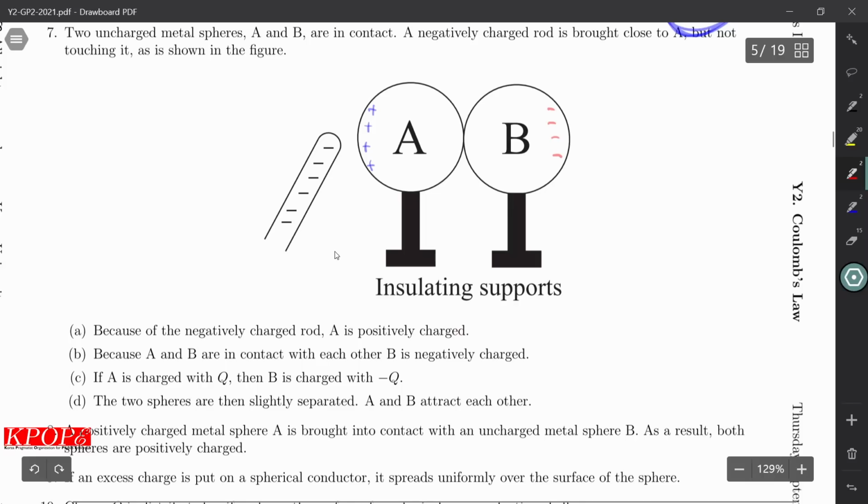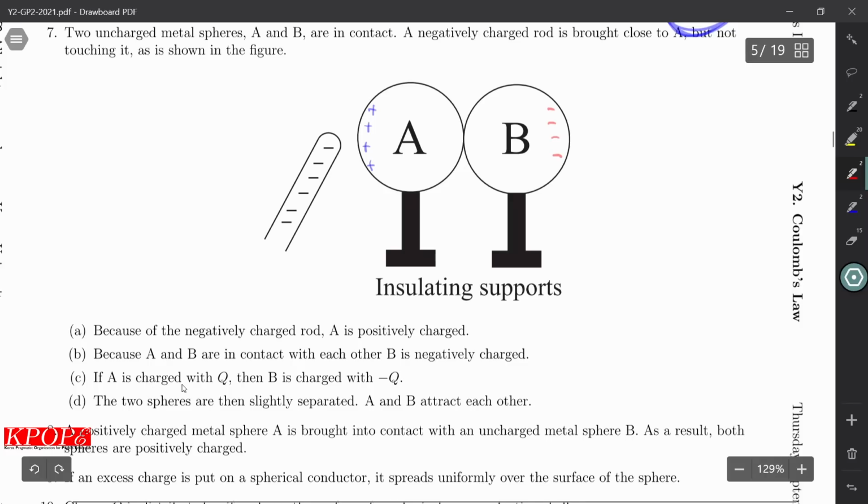Because of the negatively charged rod, A is positively charged. Correct. Because A and B are in contact with each other, B is negatively charged. Correct.